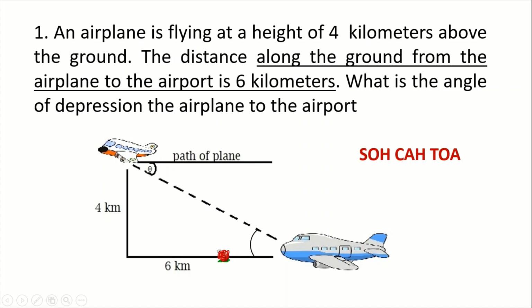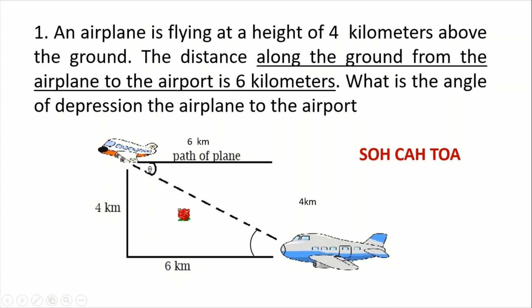Remember class that from the properties of a rectangle, all the angles are right angles, right? And the diagonals are congruent. So here, yung nabubuo natin dito at from here are equal. So kung meron tayong 4 kilometers na taas or height ng airplane from the ground, and meron dito yung 6 kilometers na distance niya mula sa kanyang pinanggalingan.